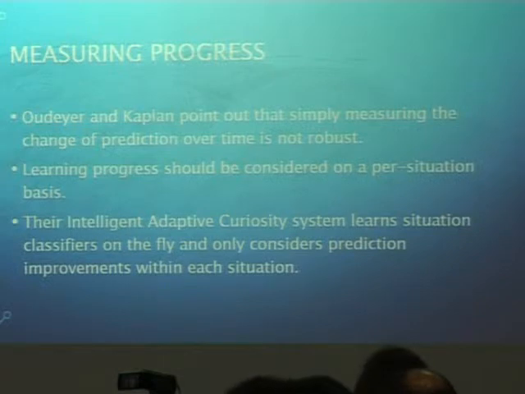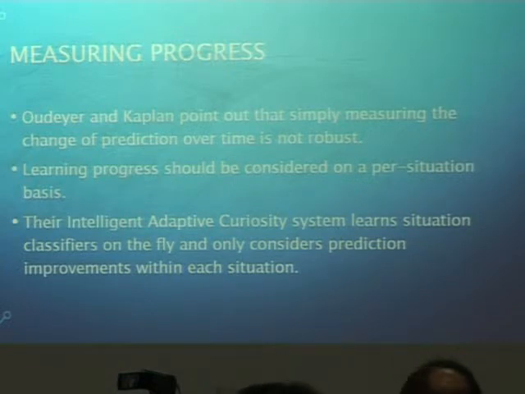If you just say, well, I'm going to look at the prediction error of my system and compare the current prediction error to the error that I made a while ago, then this system will alternate between seeking out very simple environments and very difficult environments, because then in the simple ones it will really improve its prediction rate, and it will get that sweet reward for a reinforcement learner.